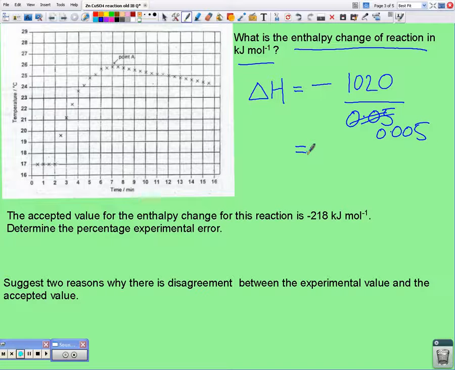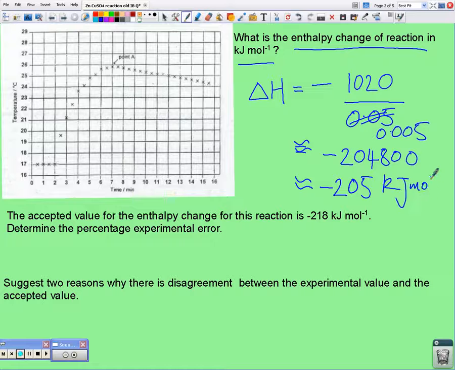So if we divide out here, we end up with approximately, I've forgotten to round, I'll round here, and I'm dividing by 1,000 to convert to kilojoules per mole. So I've given 3 sig figs and I've rounded up.